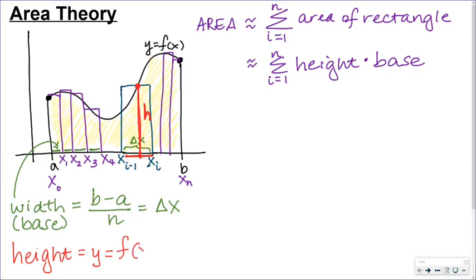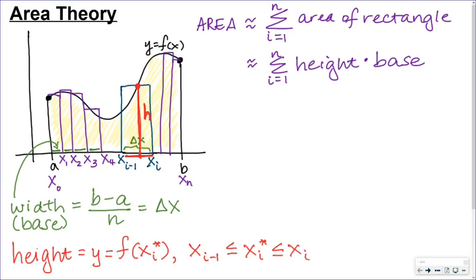Let's call that f of x i star, where x i star is somewhere between x i minus 1 and x i.